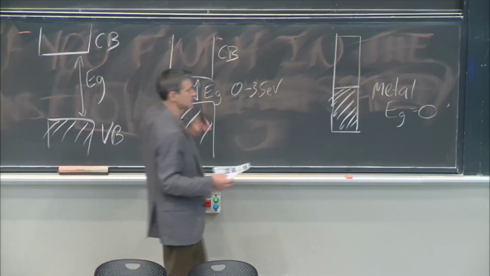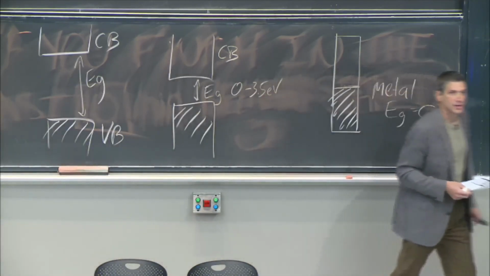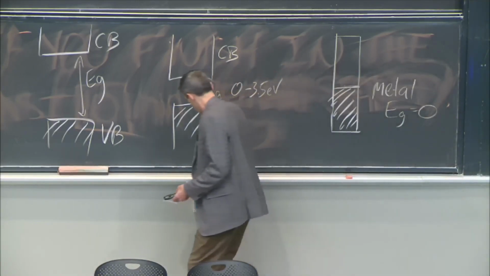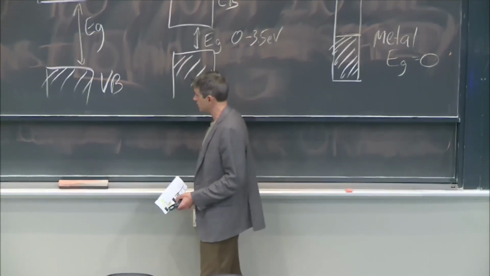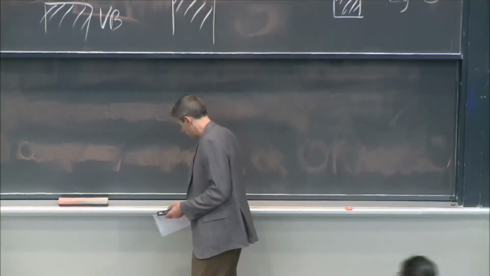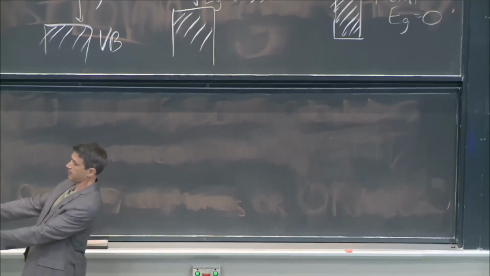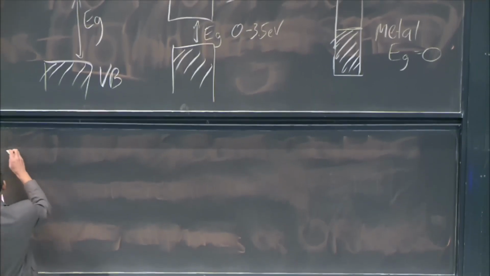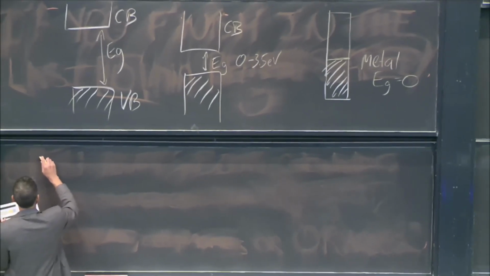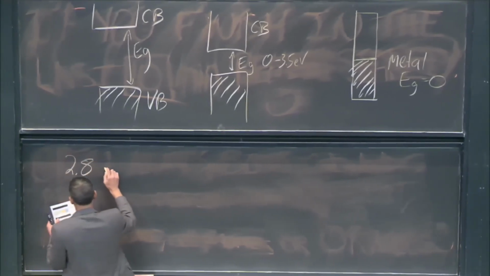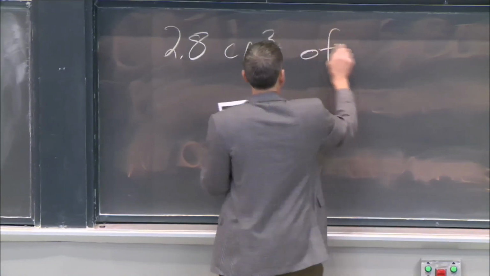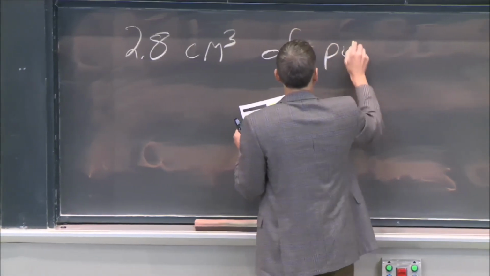And we talked about semiconductor problems. I looked up, just for fun, old exam problems and played with them. From last exam, for the semiconductors: we had 2.8 centimeters cubed of pure germanium.